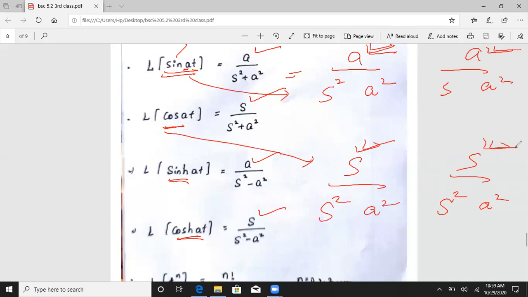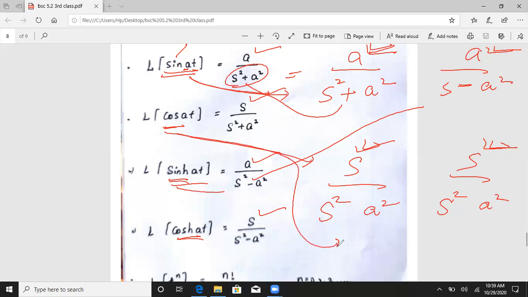When it is normal form, s square a square, in the middle we get plus. When it is in hyperbolic function, we get s square minus a square. And when cos function is there, the normal cos(at), we get s square plus a square. And when hyperbolic function comes, we get s square minus a square.